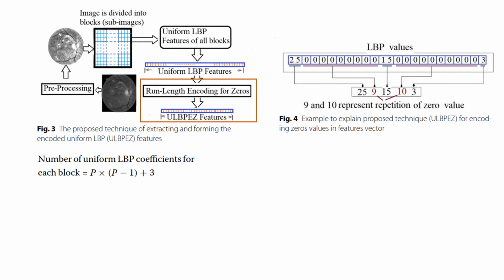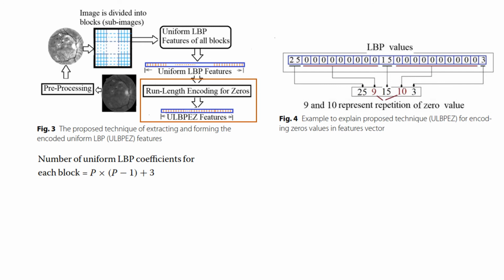This is my contribution in this paper. Applying the pre-processing technique we proposed before on the green channel, dividing it into blocks or sub-images, applying the local binary pattern on each block to calculate the extracted features, and concatenating all the features in one vector. Then I proposed to use run length encoding for zeros.